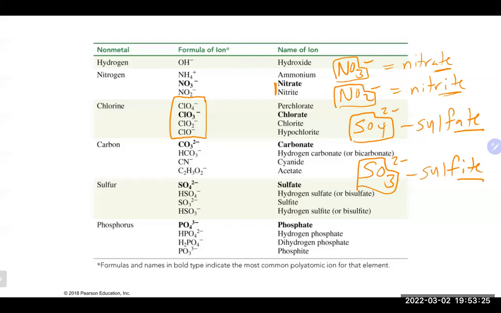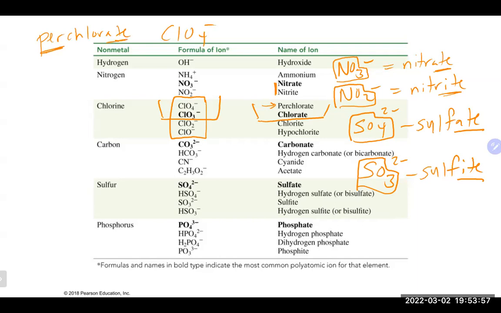If you break it up by most oxygen, the ones with the most oxygen both end with ate, which is what you would expect. But obviously you can't call them both chlorate because they would have the same name for 2 different things. So in addition, for the one that actually has the most oxygen, we start with per, and that is perchlorate. That is ClO4-.